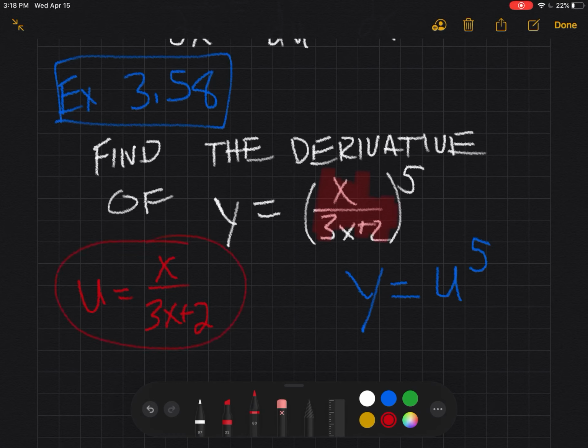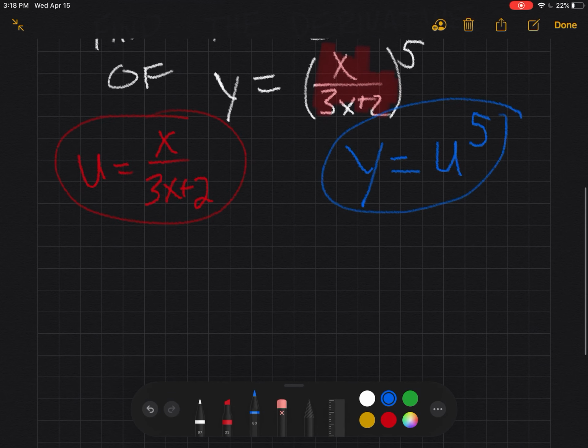So just like before, we were thinking of inside and outside functions. What we're doing here is we're using substitution, and we're naming that inside function u. So we need to know the derivative of u with respect to x, and we need to know the derivative of y with respect to u.